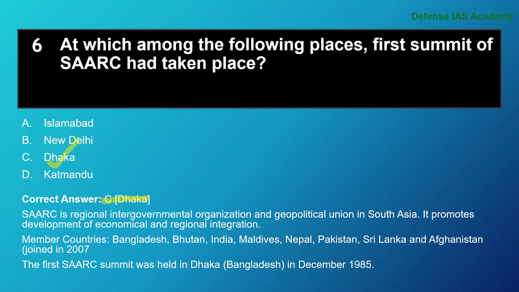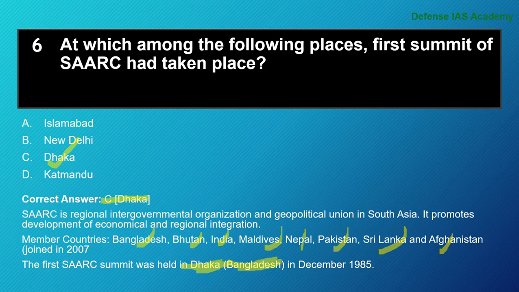It promotes economic development and regional integration. The member countries are Bangladesh, Bhutan, India, Maldives, Nepal, Pakistan, Sri Lanka, and Afghanistan, which joined in 2007. The first SAARC summit was held in Dhaka, in Bangladesh.